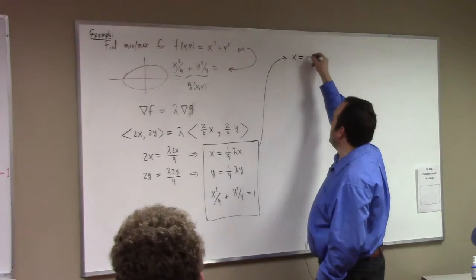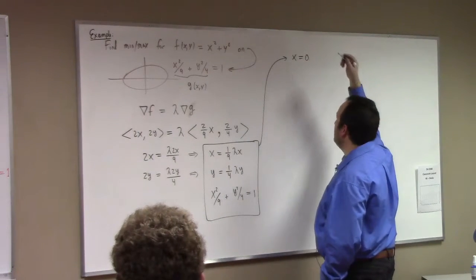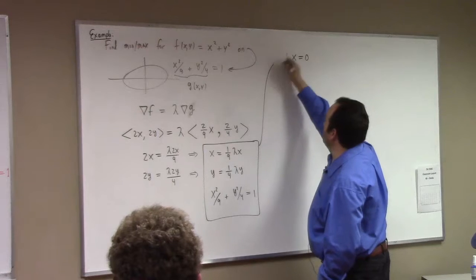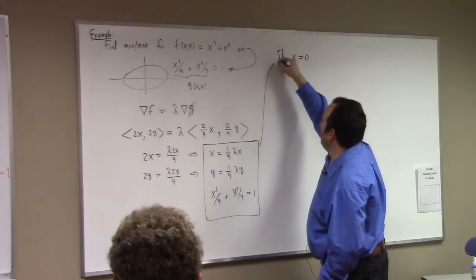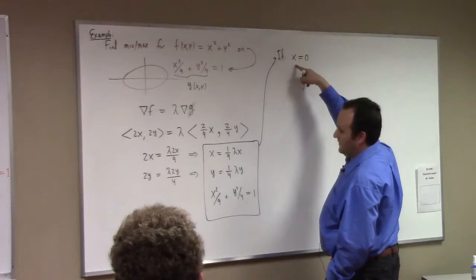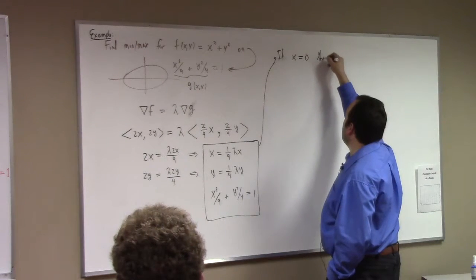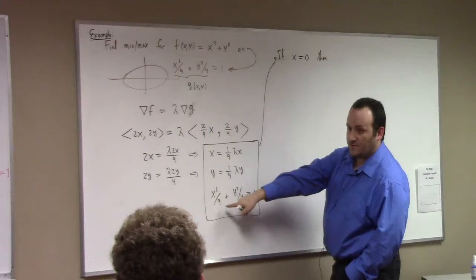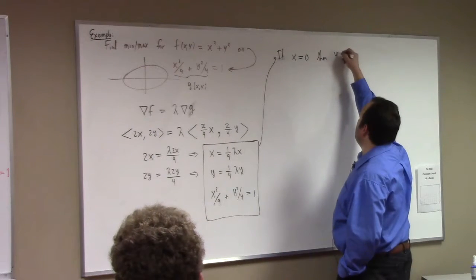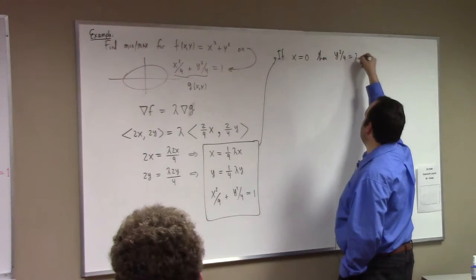x equals 0. If x equals 0, then what? The third equation's super nice, right? y squared over 4 is equal to 1.